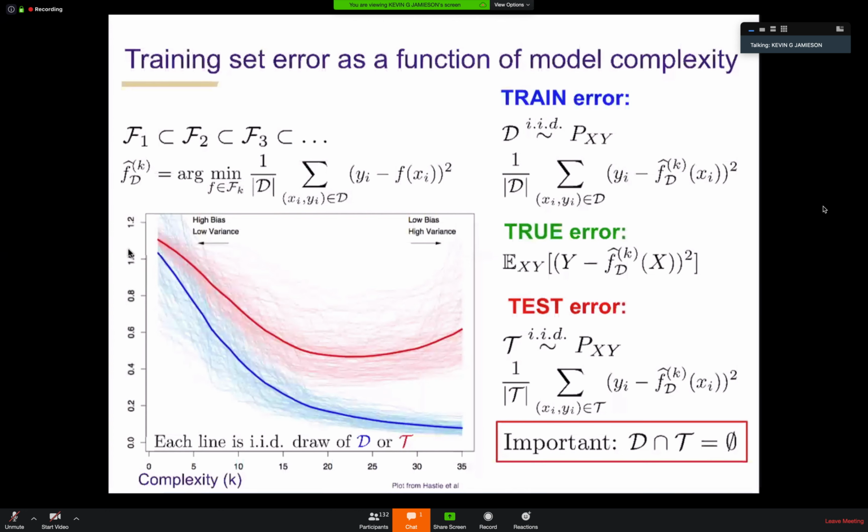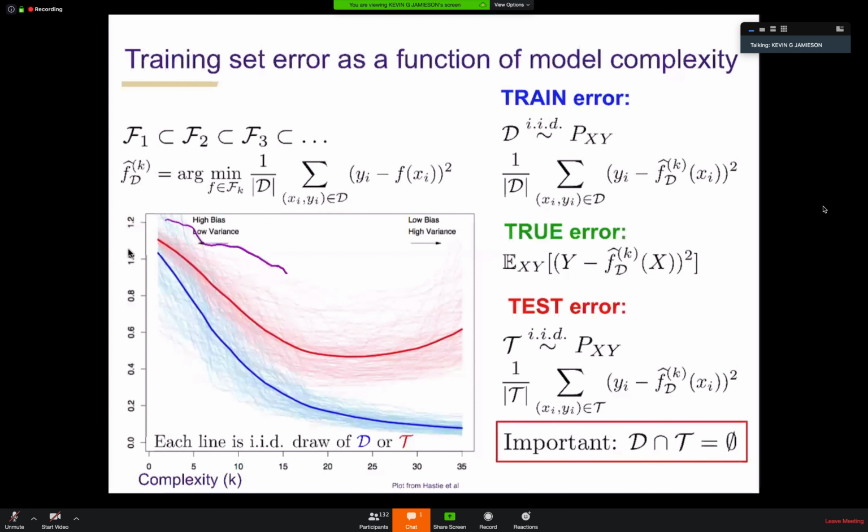Let's say we constructed our function class fk. We know what pxy is, and so we can completely construct what the training error is and what the test error is, because we know what the model class is. Each little fine line here in red is basically one draw of the training set.